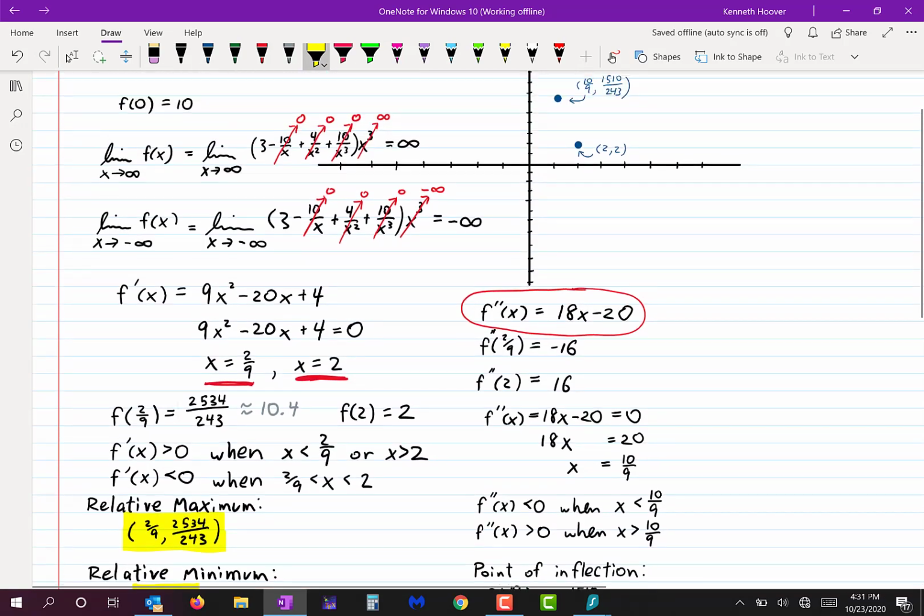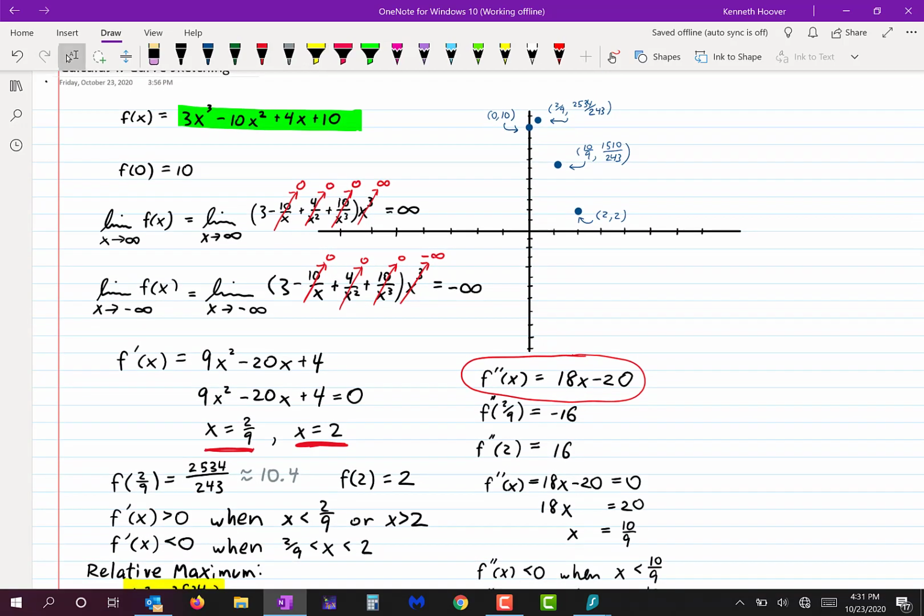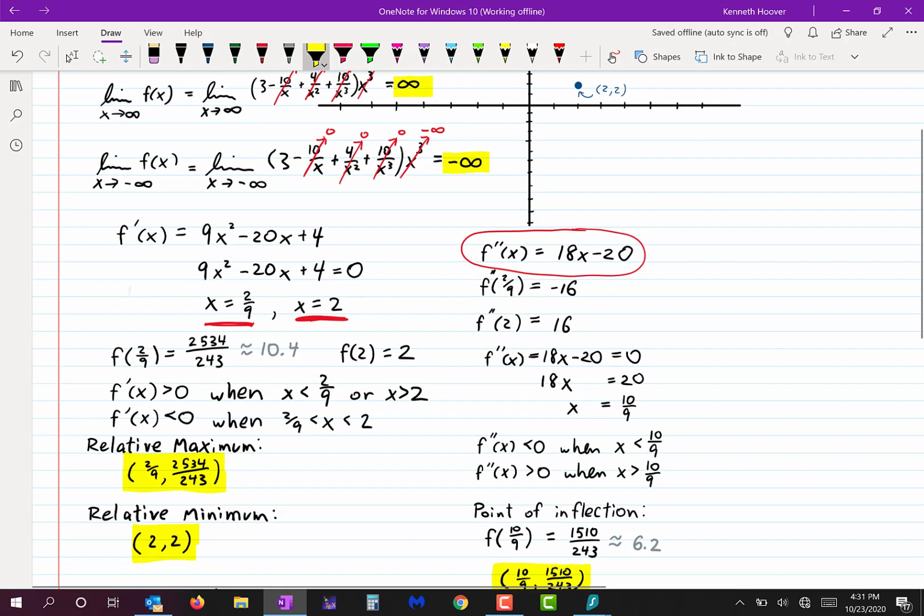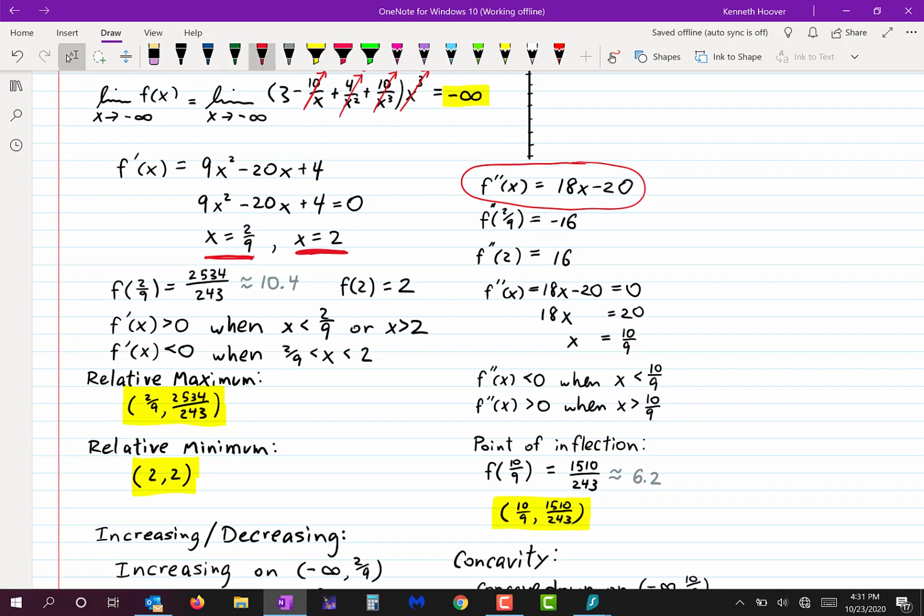Okay, so we figured out a lot. We figured out the y-intercept. As x goes to infinity, the function goes to infinity. As x goes to negative infinity, the function goes to negative infinity. We found critical points, a relative maximum and a relative minimum.